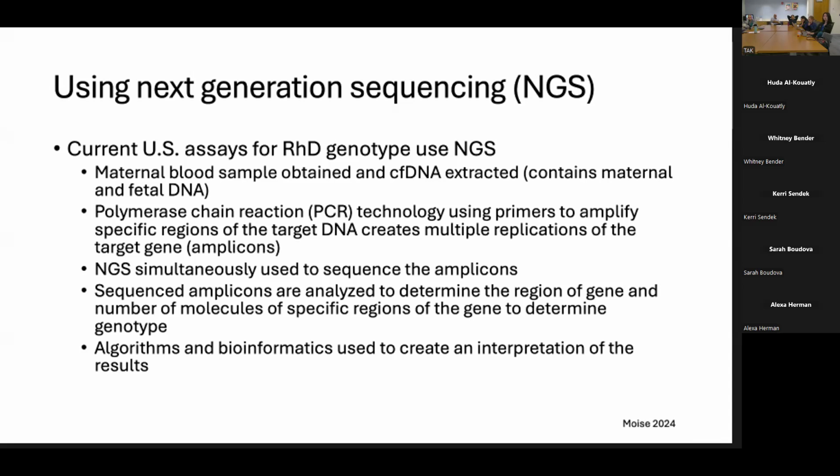Then PCR technology uses primers to amplify specific regions of the target DNA and creates multiple replications of the target gene. These are called amplicons. Then it simultaneously is used to sequence the amplicons. And then these sequenced amplicons are analyzed to determine the region of the gene and the number of molecules of specific regions of the gene to determine the actual genotype. And then algorithms and bioinformatics essentially interpret these results.